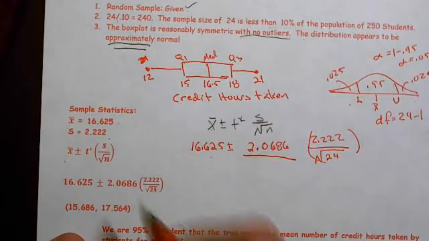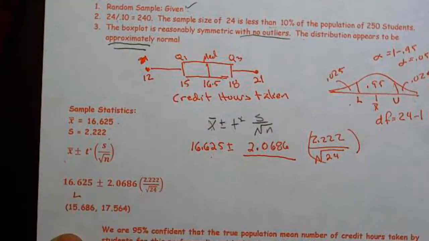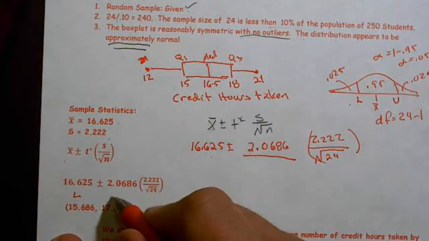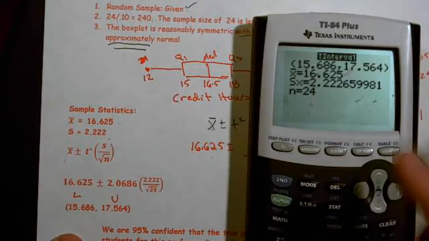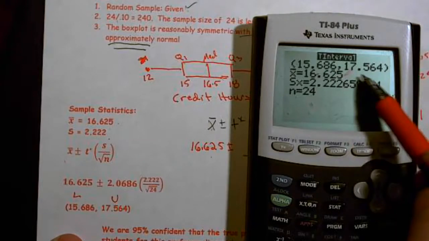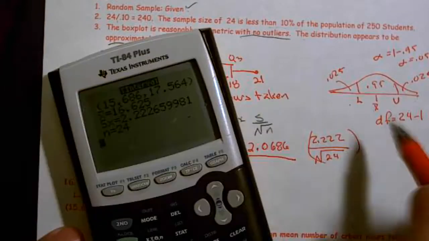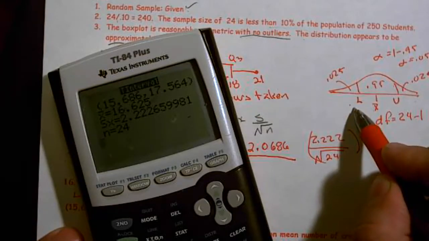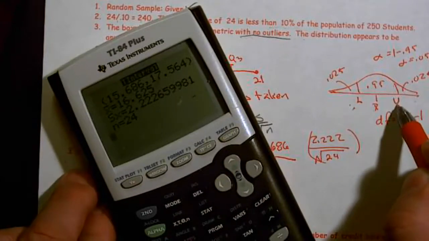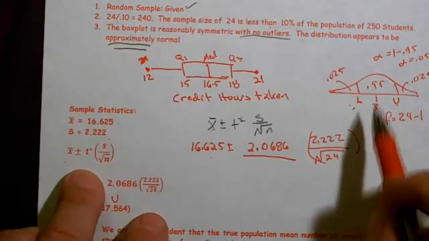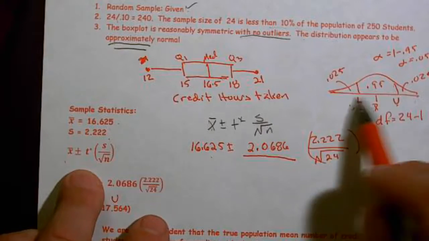So my lower bound is 15.686, and my upper bound is 17.564. Basically that's this lower bound and that's that upper bound. So that's what we just found was the bounds for our confidence interval.